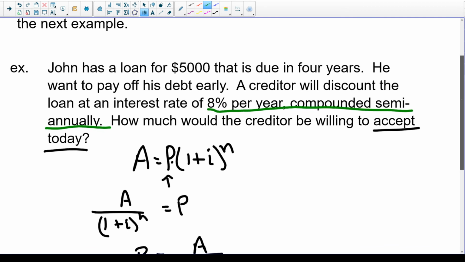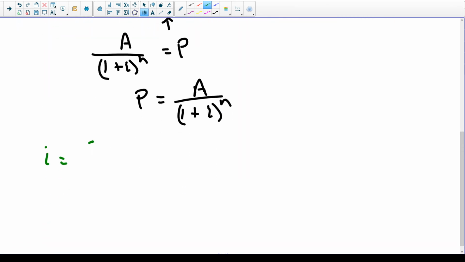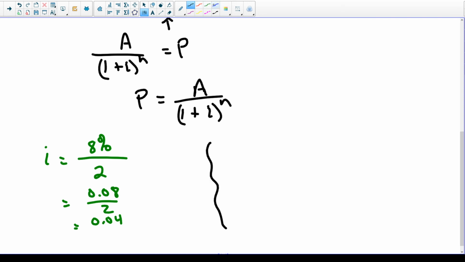So semi-annually means twice a year, which means we're going to be dividing 8% by 2. So 8% at the end of the year, but we're getting small chunks of it, so we're dividing it by 2. So that becomes 0.08 divided by 2, which is 0.04. Didn't even need my calculator for that one.